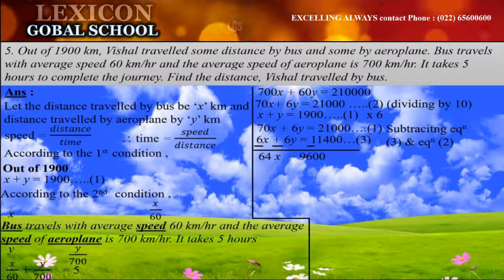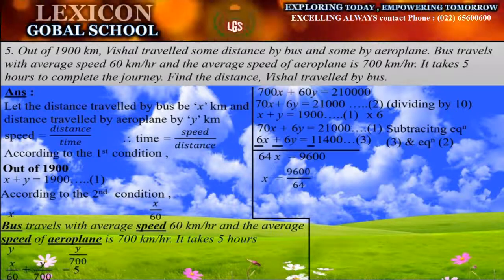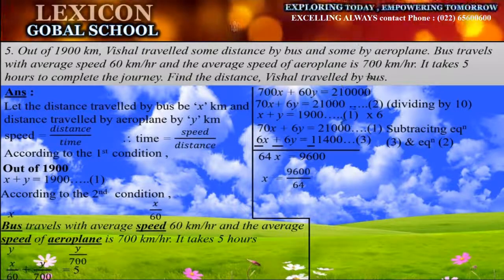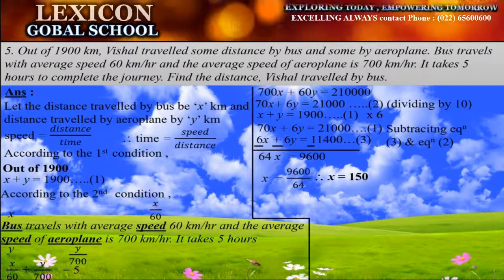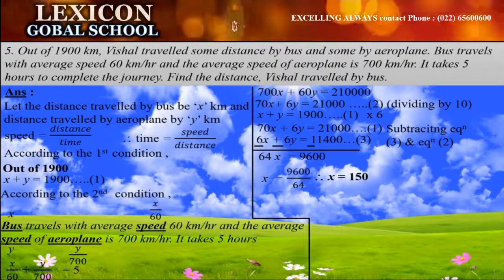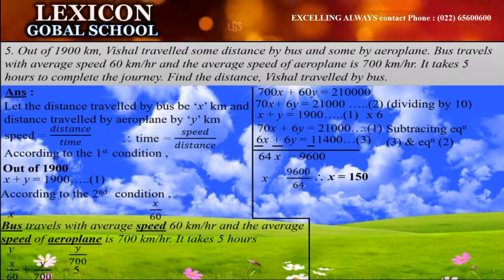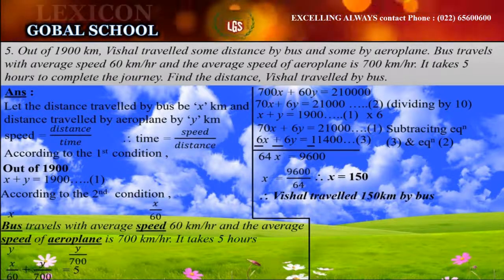Therefore, x is equal to 9,600 upon 64. x is equal to 150. Since we only have to find the distance Vishal travelled by bus and x was the distance travelled by bus, we don't need to substitute and we are done with the final answer. Therefore, Vishal travelled 150 kilometers by bus.